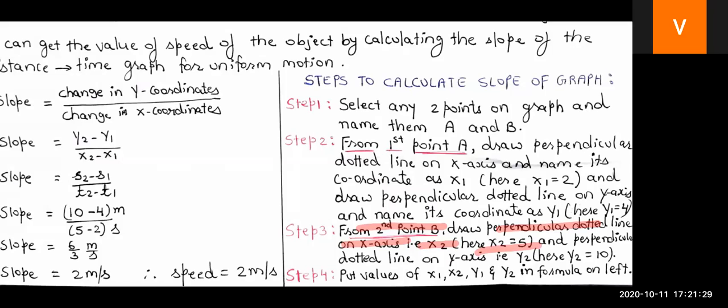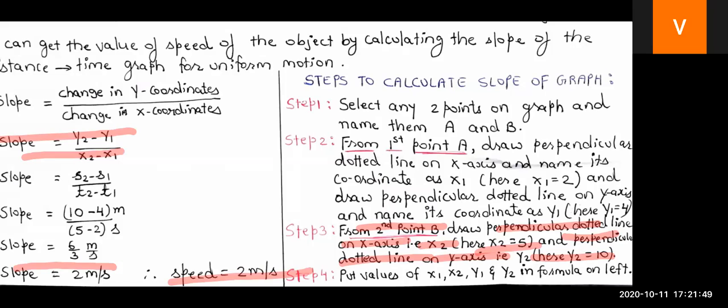And from the same point we will draw a perpendicular dotted line on y-axis and it will give you the value of y2. And then we will put the values of y2, y1, x2, x1 in the formula of slope, which will help you to calculate the value of speed.